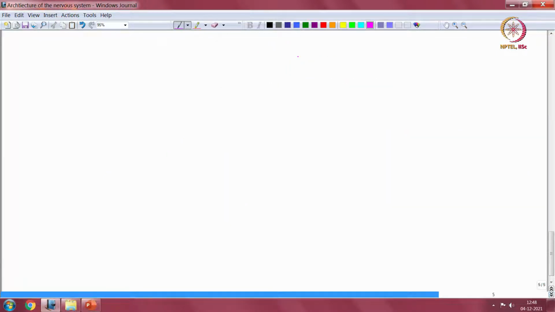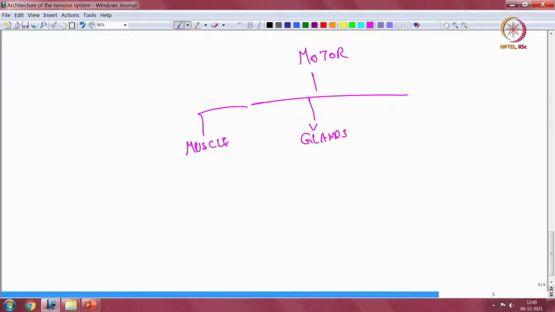I have already spoken sometime earlier about the motor side. So, motor is you have muscle and glands. Glands can be anything, say salivary glands, glands within the GI system, so many other kinds. I am not boring you with the details.